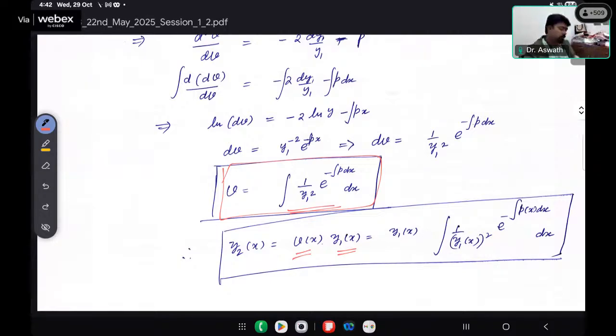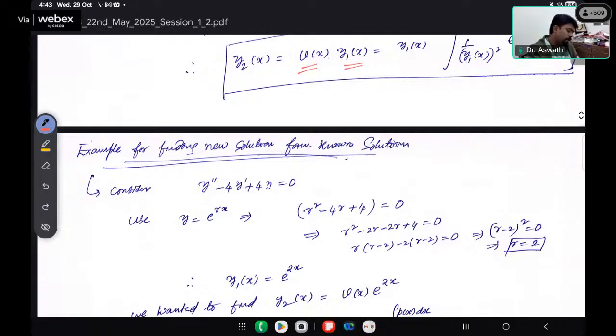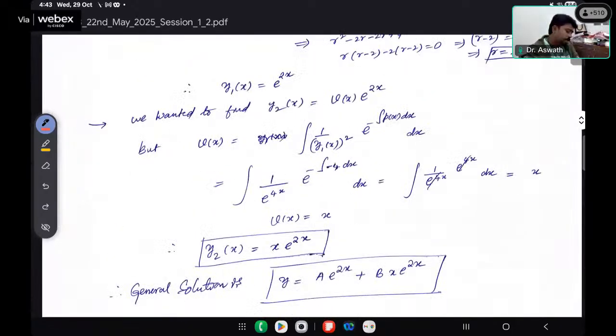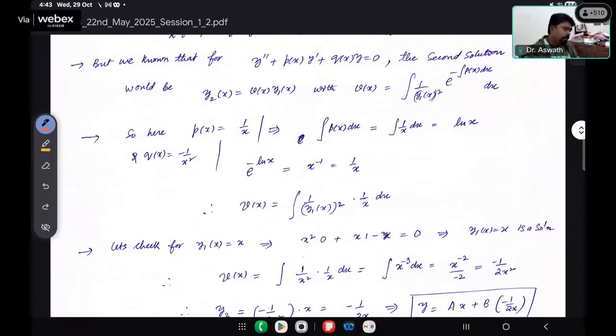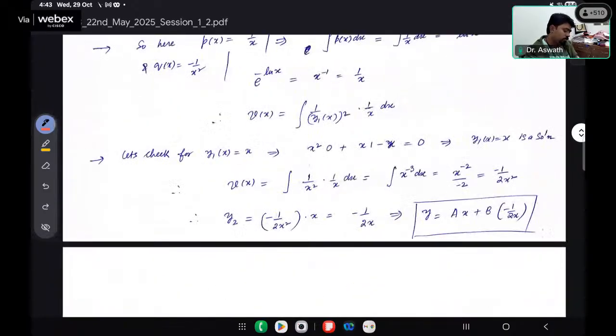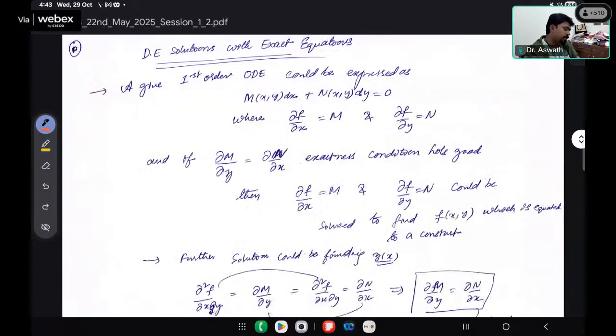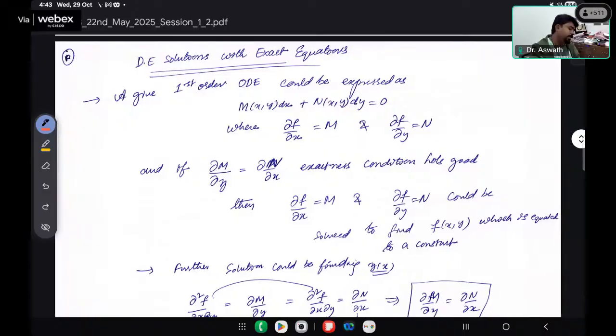Okay, fine. So these are the differential equations. Some examples I have in my notes, you can cross check. There is another case which is slightly complicated, called exact differential equations.